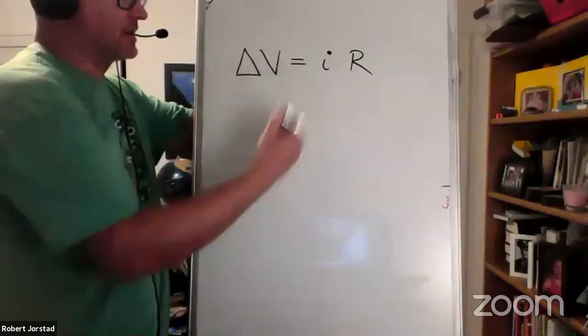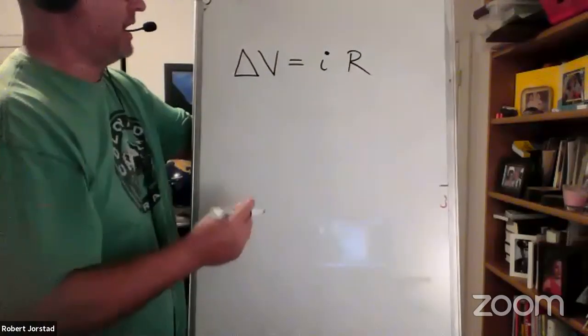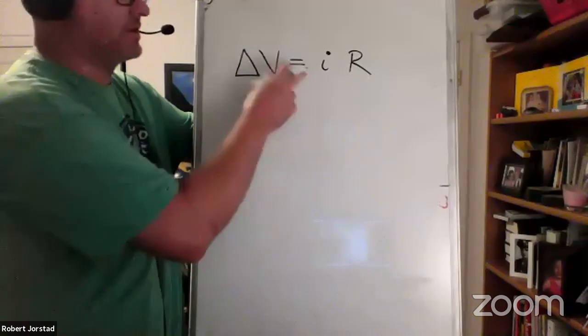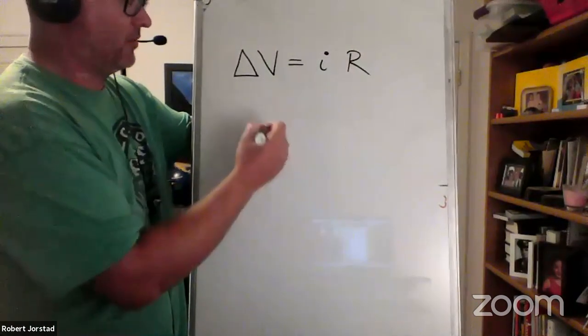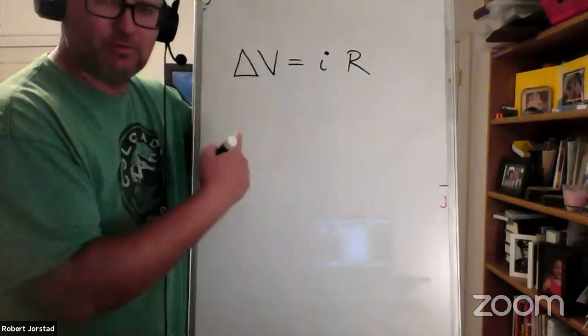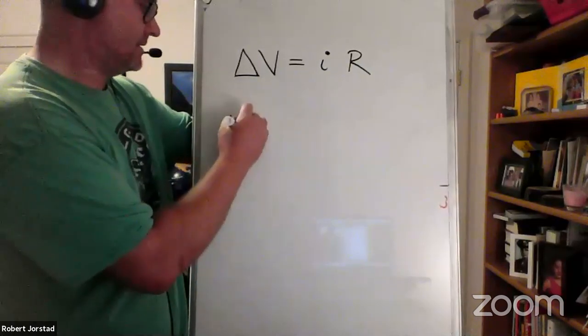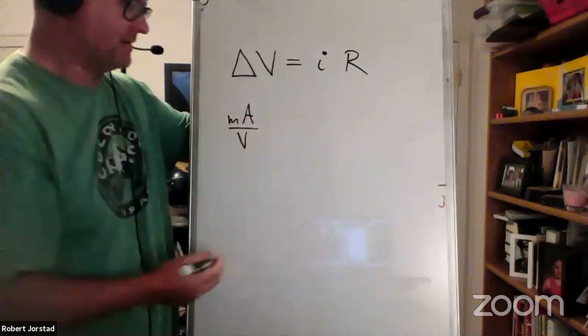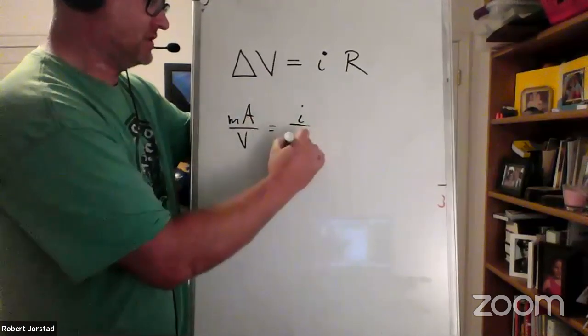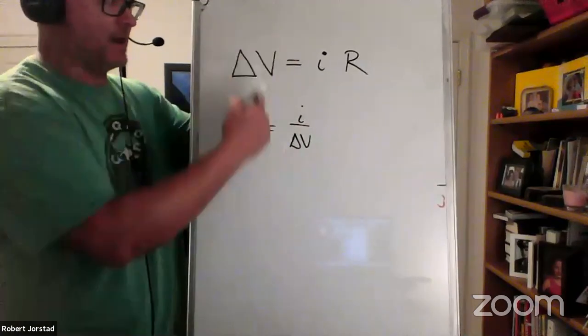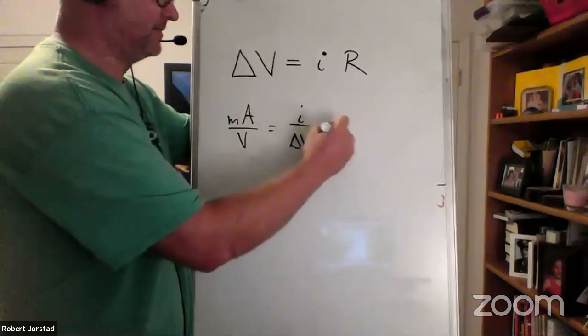You could use uppercase I, lowercase I, I don't care, just don't use I hat. So what did we say we had? Milliamps over volts, right? So isn't that equivalent to current over voltage? Let's rearrange this and see what we get.